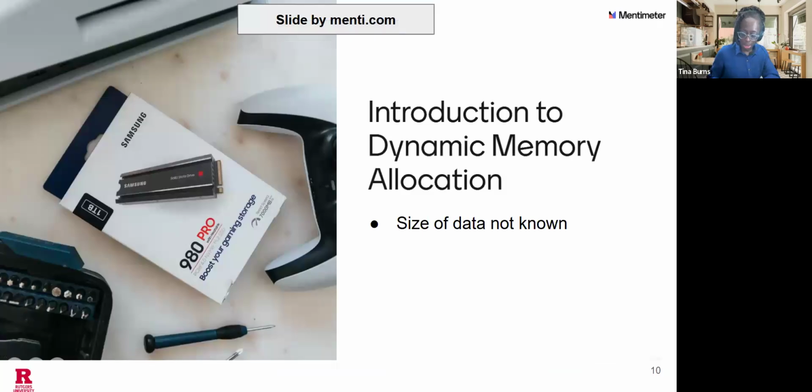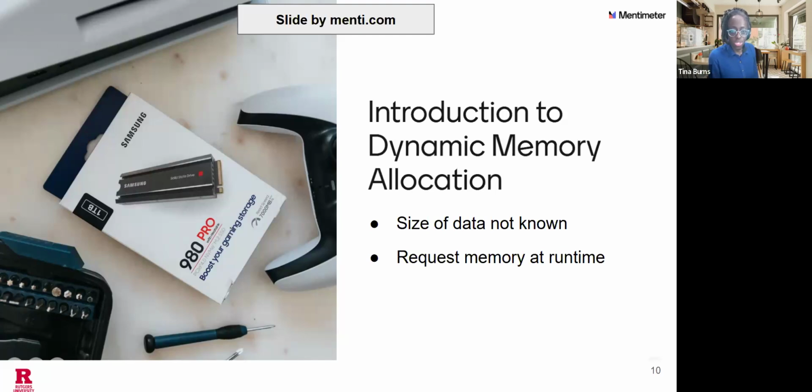Dynamic in dynamic memory allocation, the size of the data is not known. So typically if it's stationary data, like the array up there, I know it was 4 elements long, but in the real world, you're not always going to know the size of it. You might be getting something from an input file or something from a user, and the size of it could vary from application to application or depending on what you're pulling into your actual program.